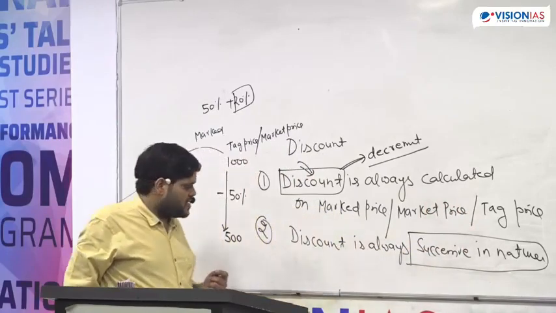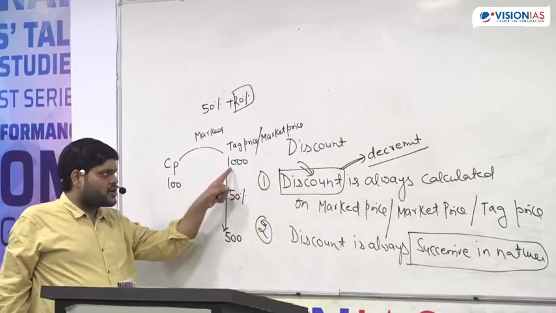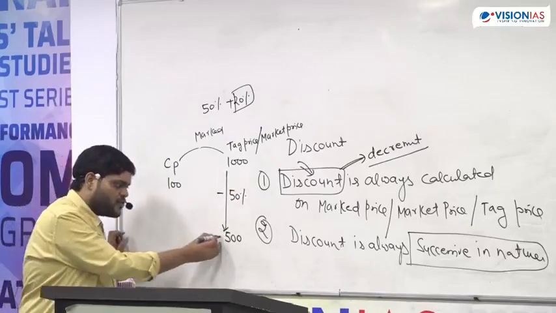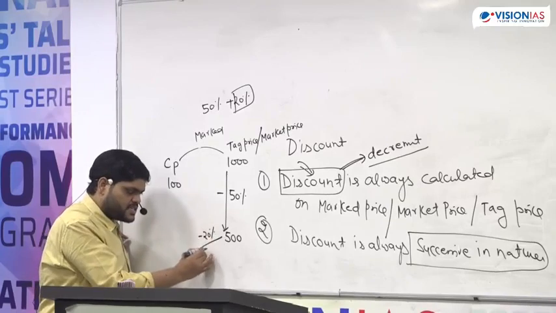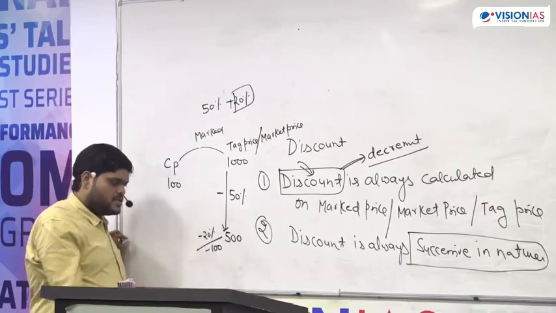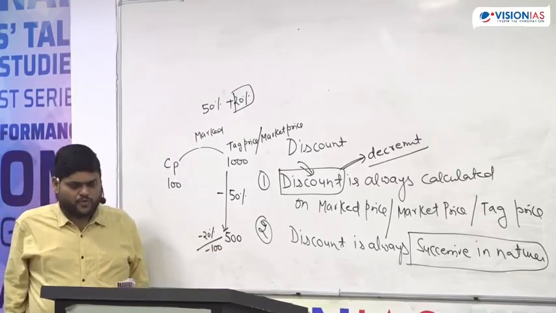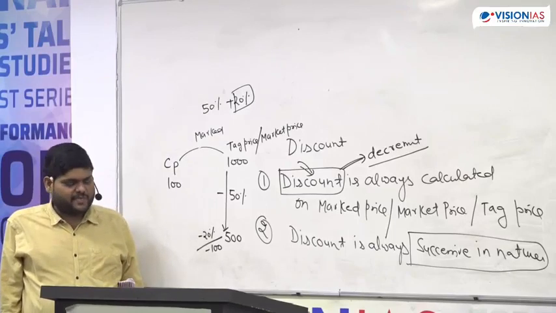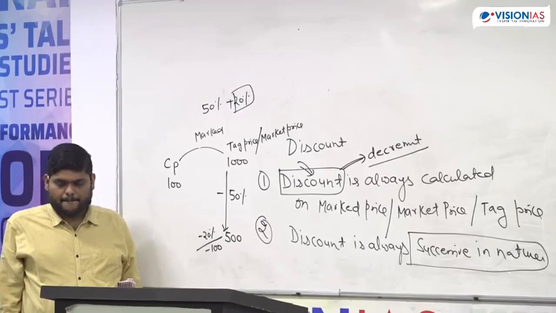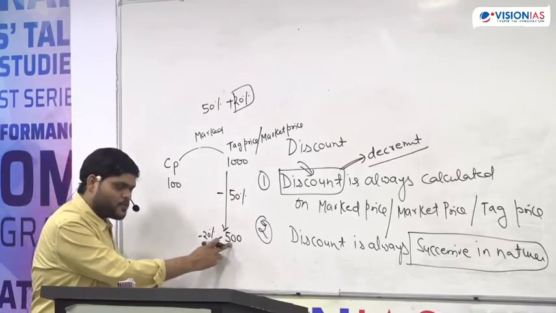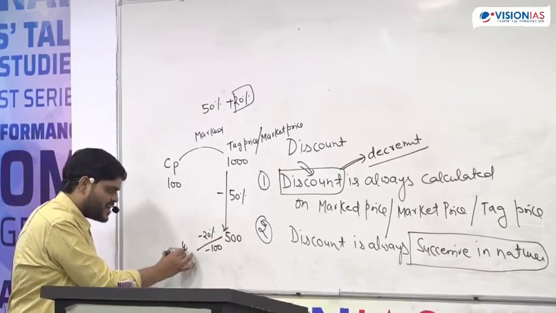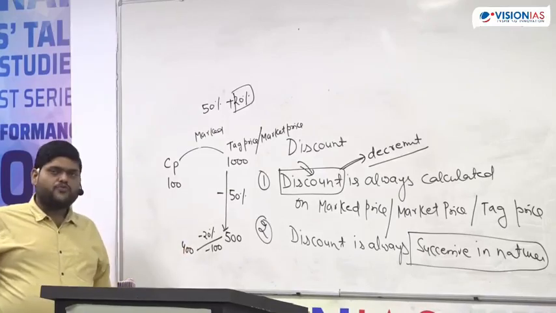Successive means the next discount won't occur on this value; the next discount will be on this 500. So if I give 20% discount, that means minus 100 rupees. If I subtract 100 rupees from here, I will get 400 rupees.